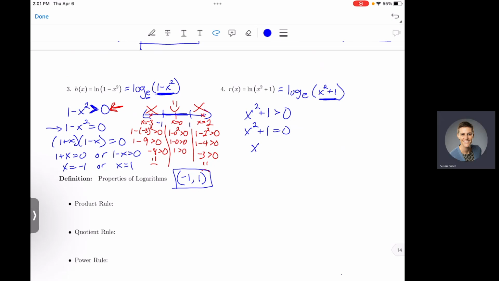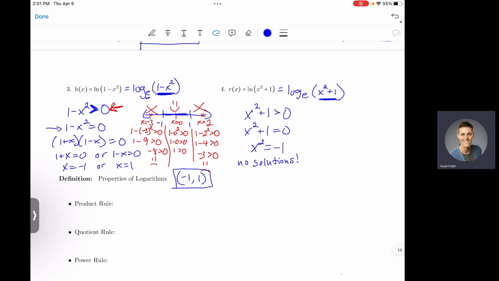I can't factor that. So I'm going to move that -1 to the other side. And this says x squared equals -1. That's saying I'm taking a number times itself and getting a -1 out of that. That's not possible. This thing doesn't have any solutions. I'm never going to be able to take a number times itself and get -1 out.